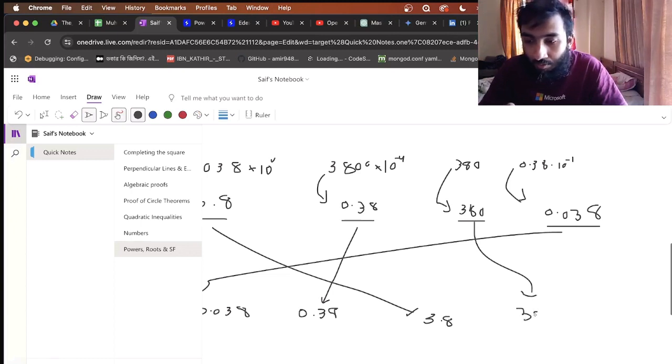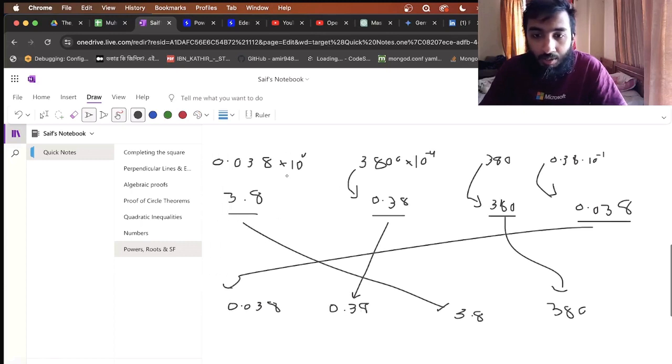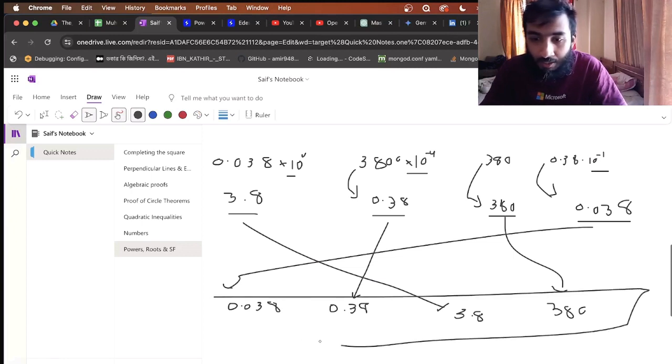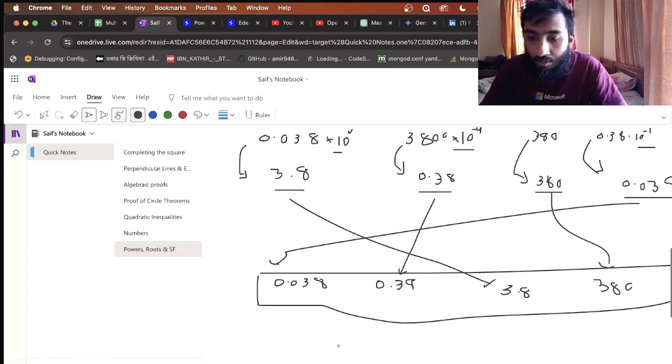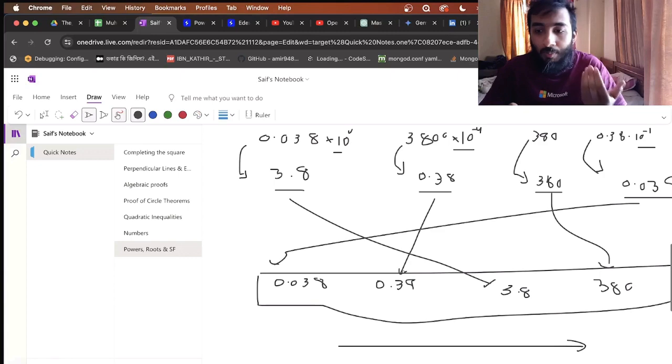So this is how you can order numbers which are expressed in powers of 10, from smallest to largest, as floating point numbers without powers.